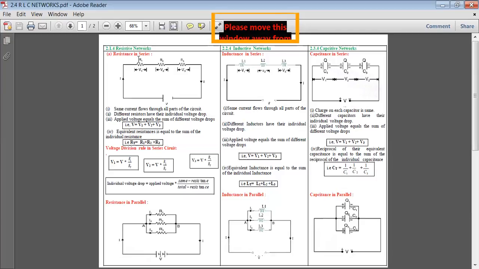This all comes from Ohm's law, right? That's why we can say that different resistors have their individual voltage drop.